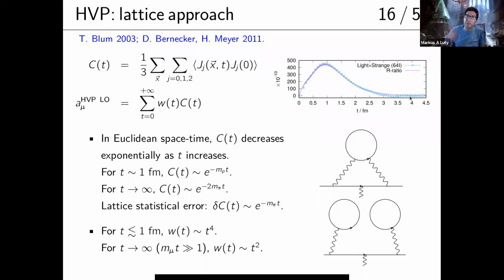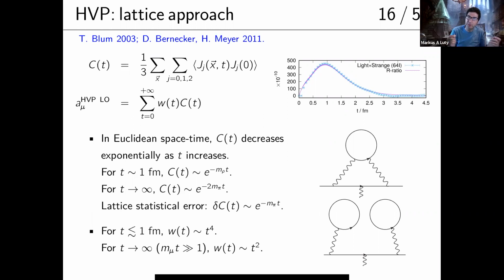Sorry, can I ask a question? So, these dispersive approaches, the data is of course not in the same kinematics as the diagram, right? Here, when you're doing it on the lattice, you're exactly calculating the correct field theoretic quantity, right?